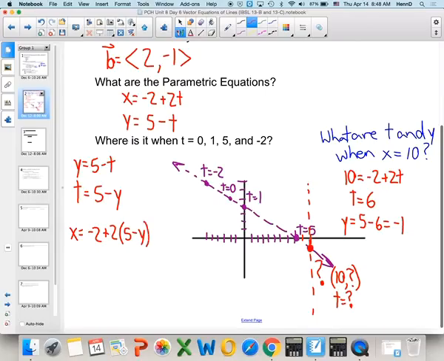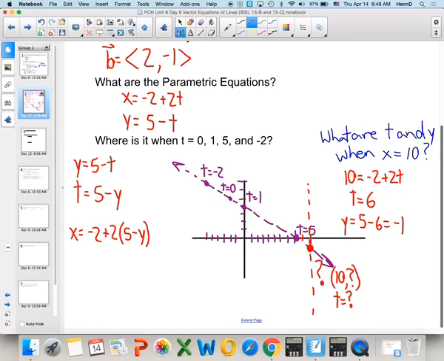And notice I've eliminated the parameter now. I have an equation that's just the Cartesian coordinate system. Time isn't involved here. So you can do that. We're not going to make a huge emphasis on that, but you can do that with any set of parametric equations.